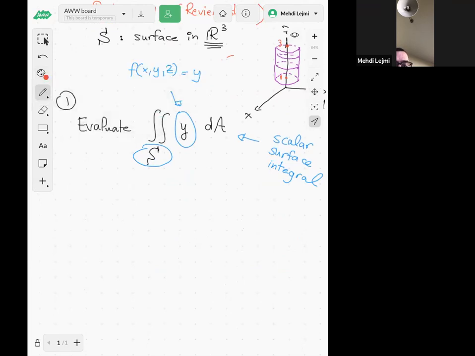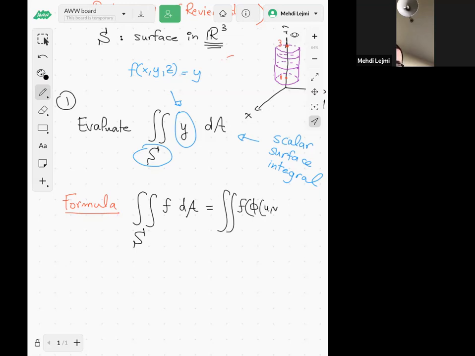By definition, the integral of a function f over surface S is equal to f along the surface S, so you need to parameterize your surface S, times the norm of T_u cross T_v, du dv.